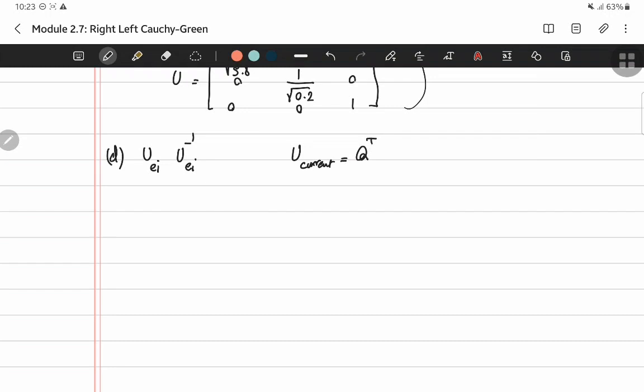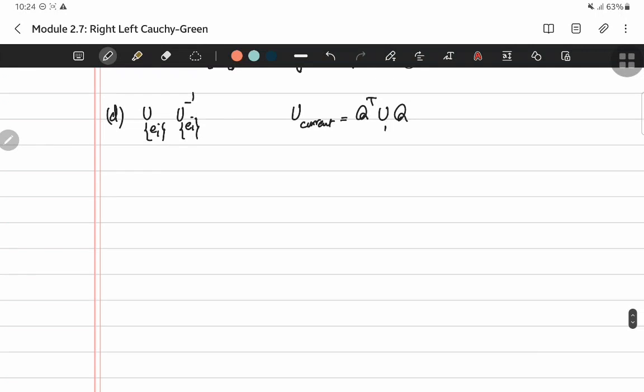Here we would like to find U with respect to e_i in the reference configuration.